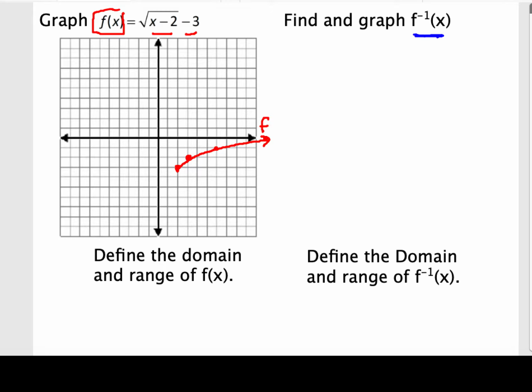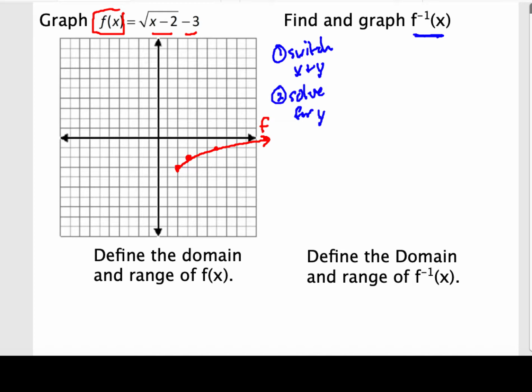What I want to do over here at the right is find and graph f inverse of x. So again, if you remember how to find an inverse, step 1, we're going to switch x and y. And then step 2, we want to solve for y.